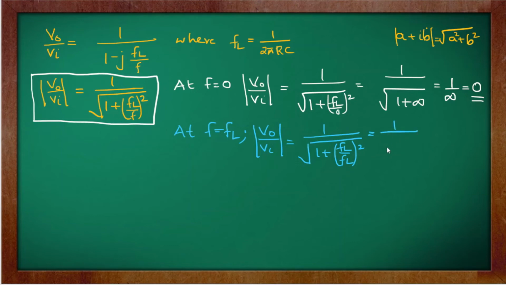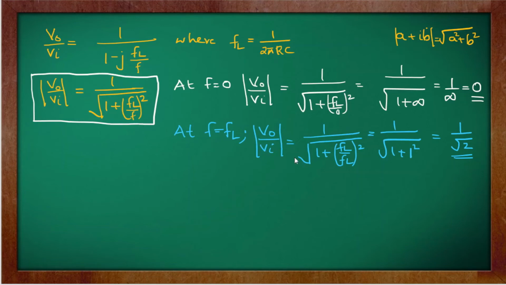So this becomes 1 by root of 1 plus 1 square, which is equal to 1 by root 2. So at f equal to fL, V0 is 1 by root 2 times Vi. At f equal to 0, no output.